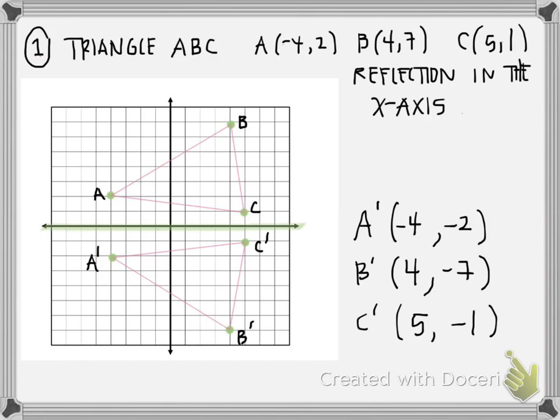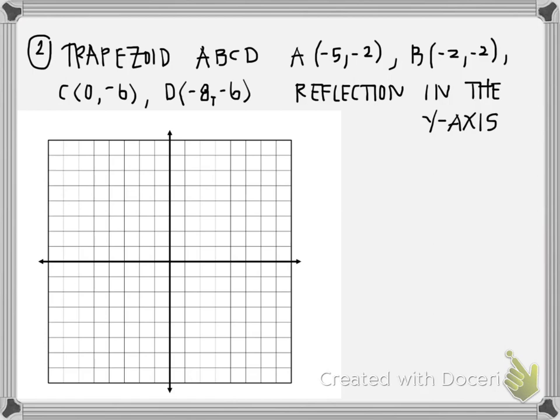Alright, let's do another one here. A trapezoid ABCD with the coordinates A at negative 5, negative 2. 1, 2, 3, 4, 5, down negative 2.